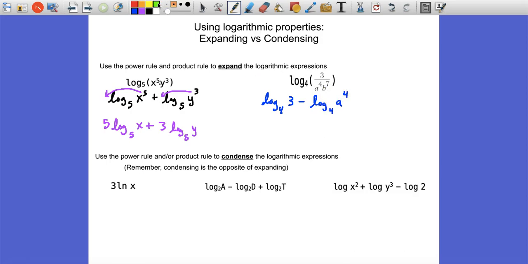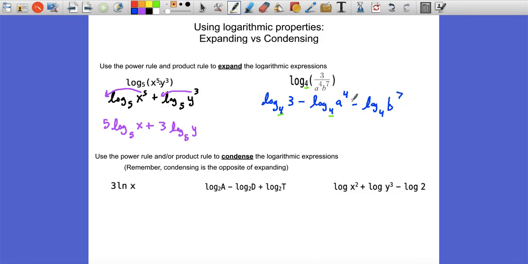And remember, these 4s are all coming from right here. They're all the same base, always. Okay, so we have minus log base 4 of a to the 4th minus log base 4 of b to the 7th.